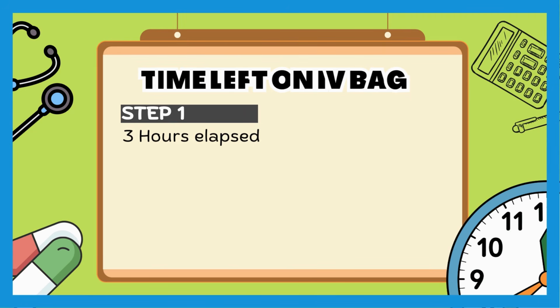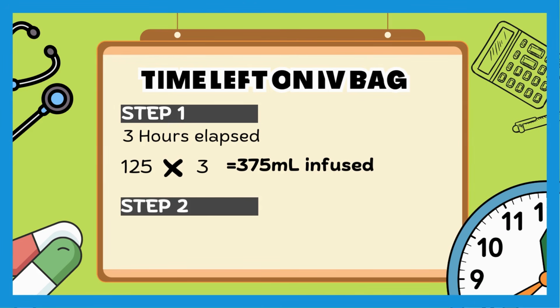Now what will we do? We will times how much it's going per hour by 3 because 3 hours have passed. And this is going to give us 375 ml infused. So what is left in the bag? We will now subtract the 375 from the 1,000 ml to tell us how much is left in our IV bag.